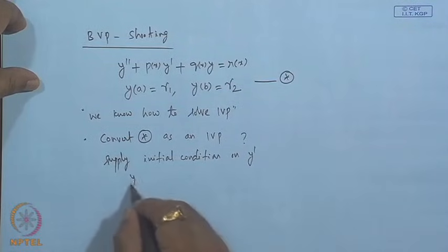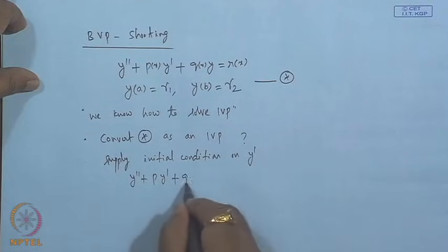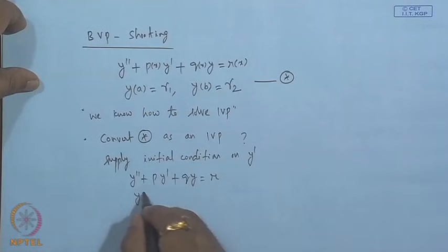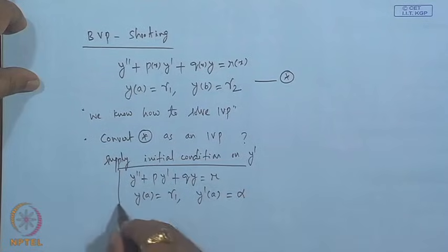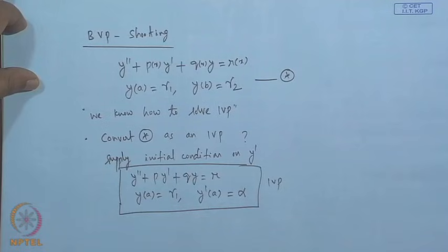So, y double dash plus p y prime plus q y is r, and y of a is gamma 1 and y dash of a is some alpha. Now this is our IVP.